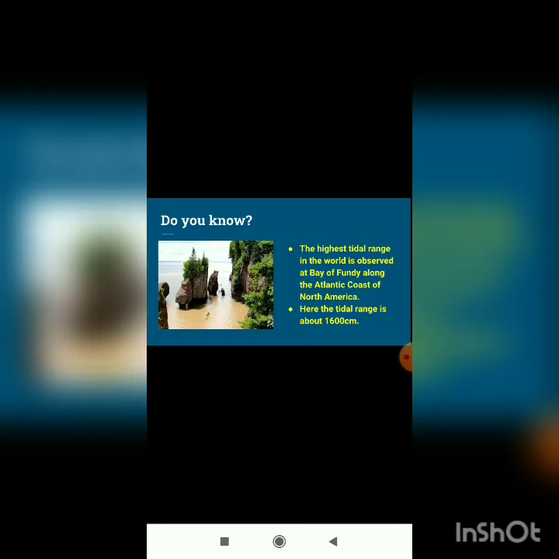Along the coast of peninsular India, the range is around 100 to 150 centimeter for most of the part. The highest tidal range in the world is observed at Bay of Fundy along the Atlantic coast of North America. Here the tidal range is about 1600 centimeter.